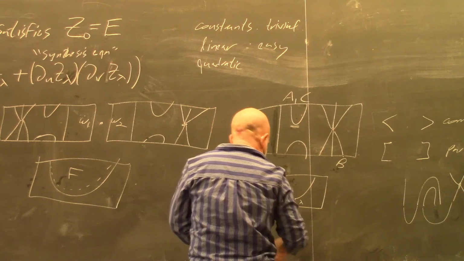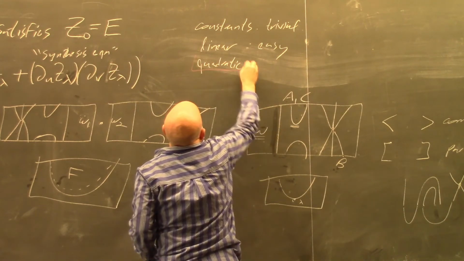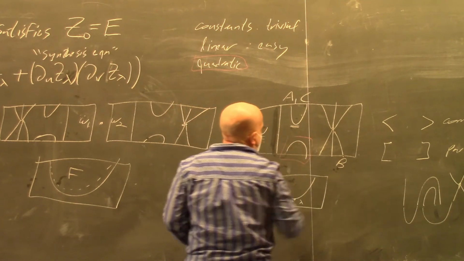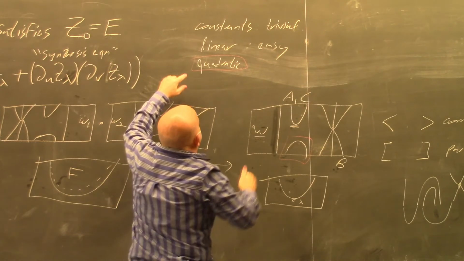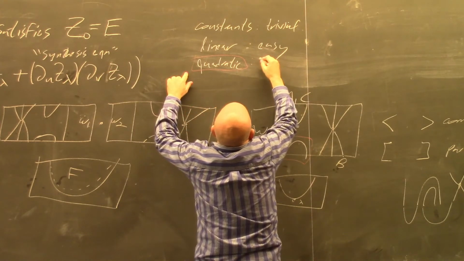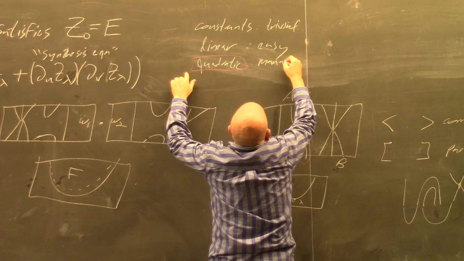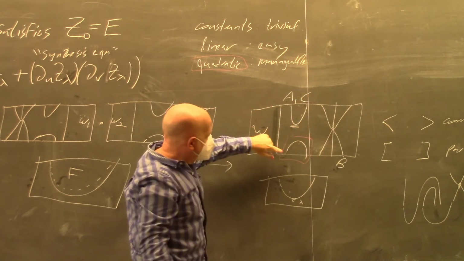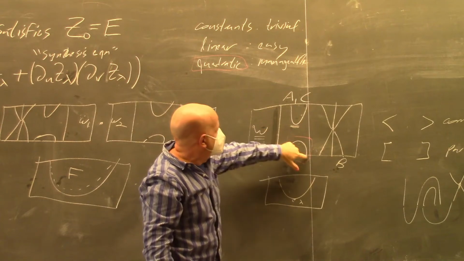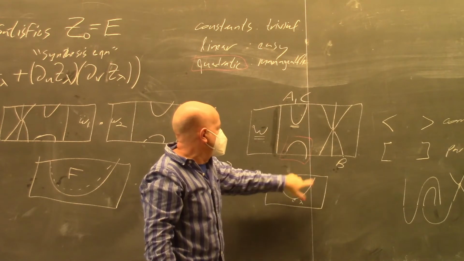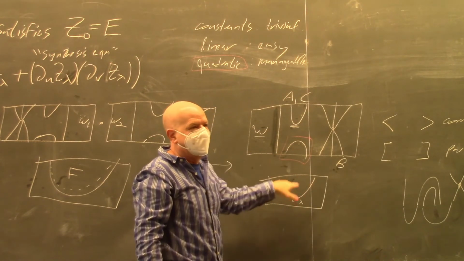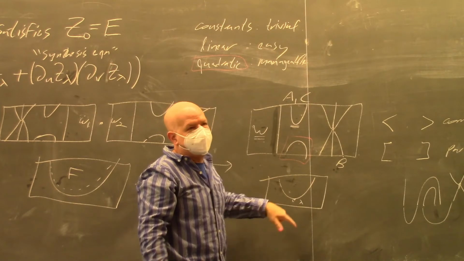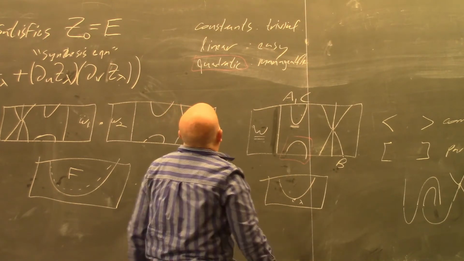From our perspective, quadratic is this. Quadratic is hard but manageable. And we've basically managed it already, because we already know that you just need to glue iterates, and then you get geometric series, and we've summed them.